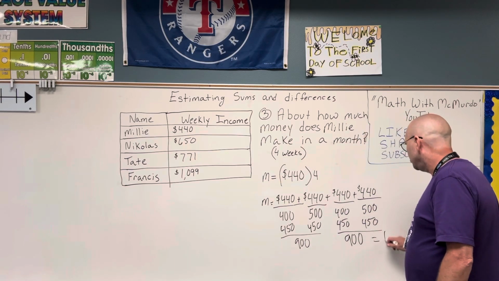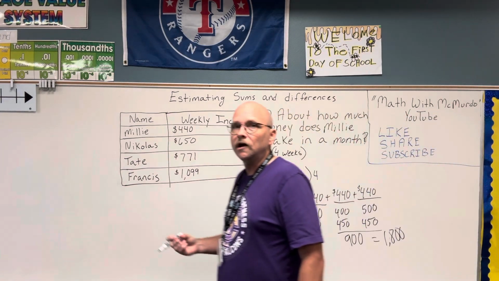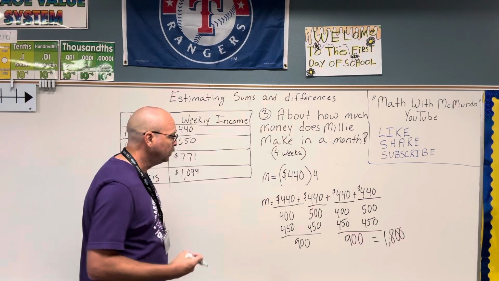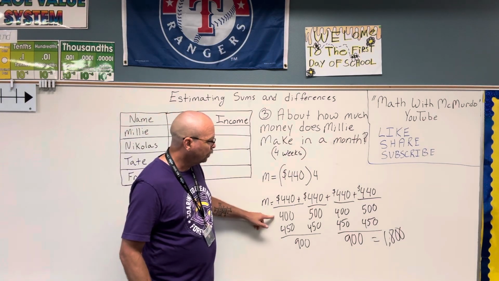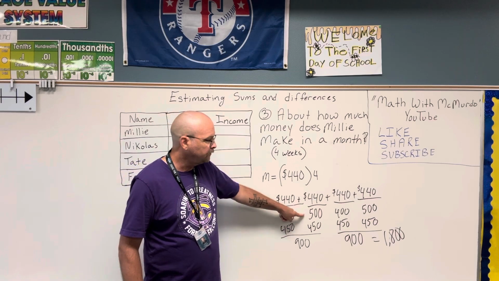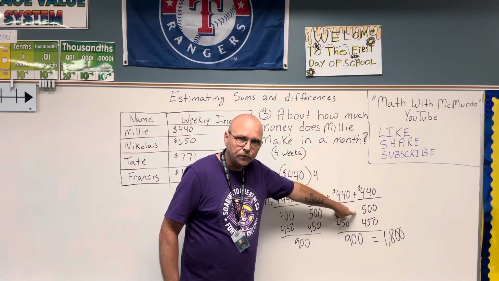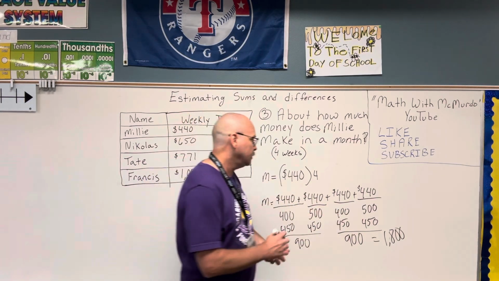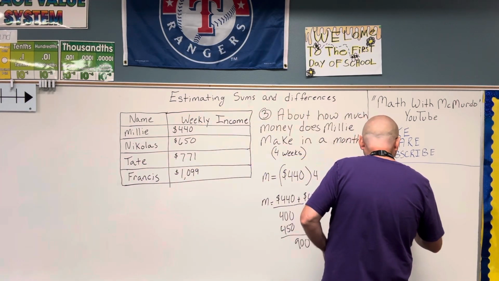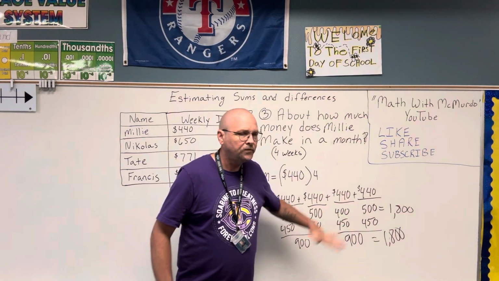And then my answer here would be 1,800 as my estimate for how much Millie would make in 4 weeks. If we went with the 400-500 pattern that I started with, 400 plus 500 is 900. 400 plus 500 is 900. 900 plus 900, and we get the same thing, 1,800. So either way, our estimate is 1,800.